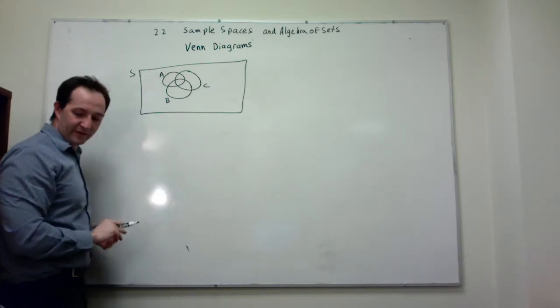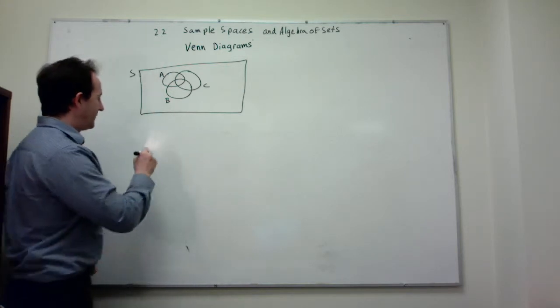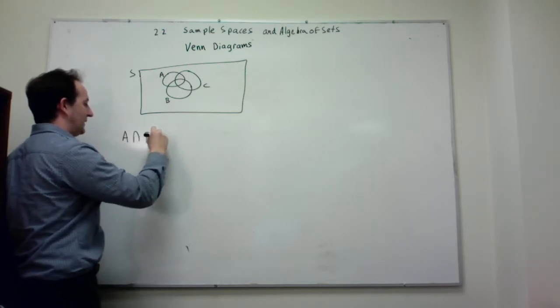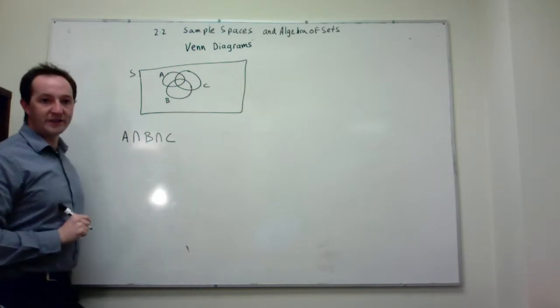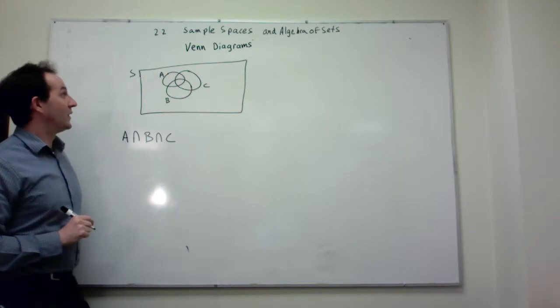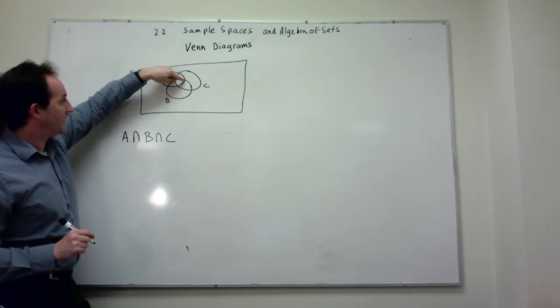I'm not going to keep redrawing this figure because it's going to take too long. But let's just think about the following. What is A intersection B intersection C? If you were to shade in this region on the Venn diagram, where would it be? Well, A is this set here. B is this set here.